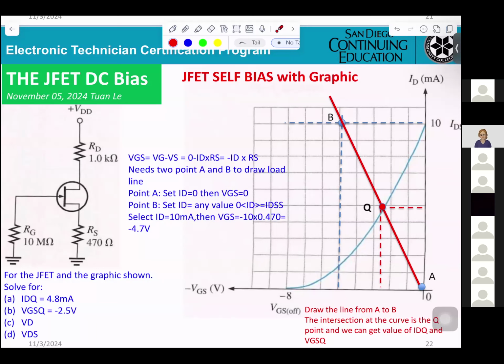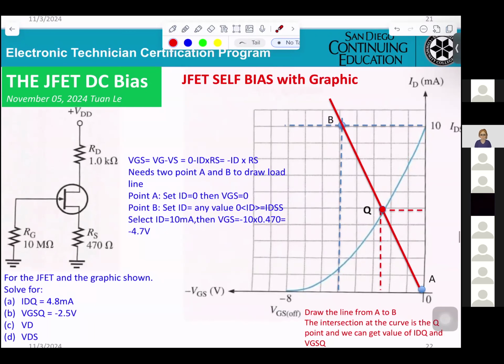So now you can select ID equal to 10 milliamp, the same as IDSS. So you get the point, okay? At ID equal 10 milliamp.